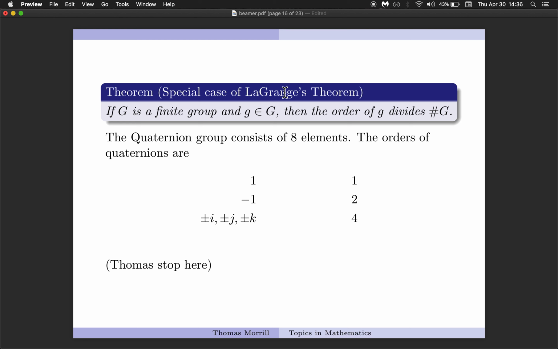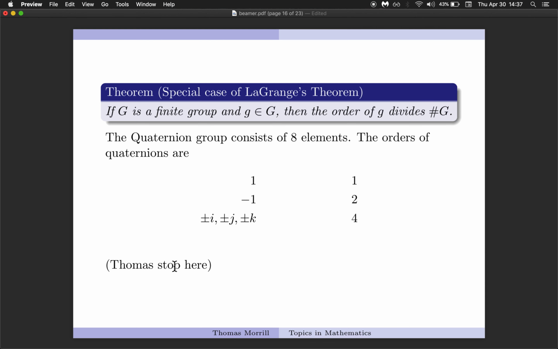In terms of my example from the first part of this lecture, let's look at the quaternion group. There are 8 total elements here, so I know that 1 is the identity element. It has order 1. There's also -1, and since -1 squared gives me 1, -1 has order 2.